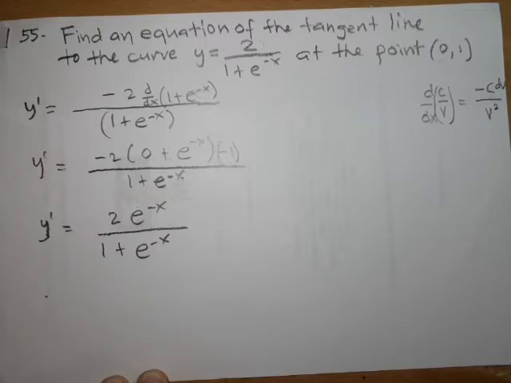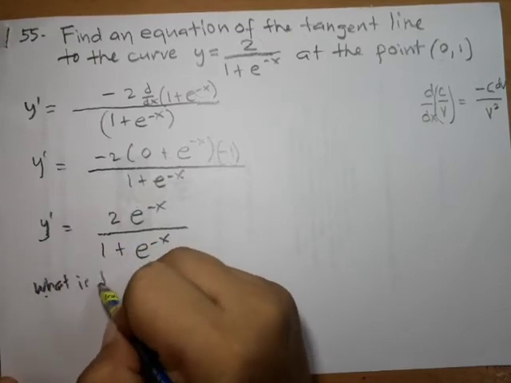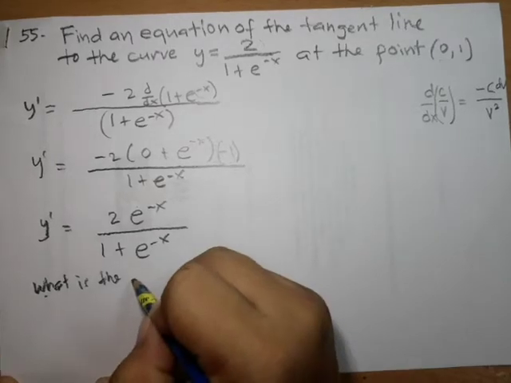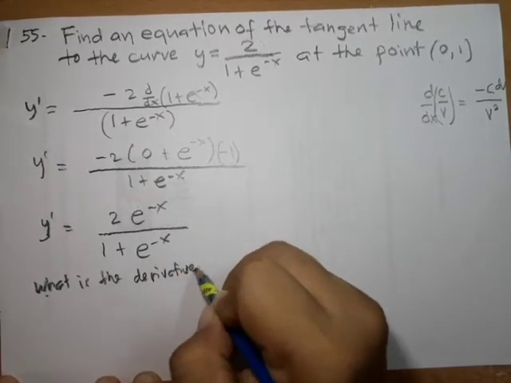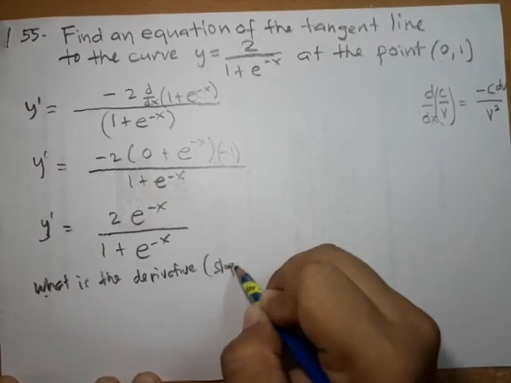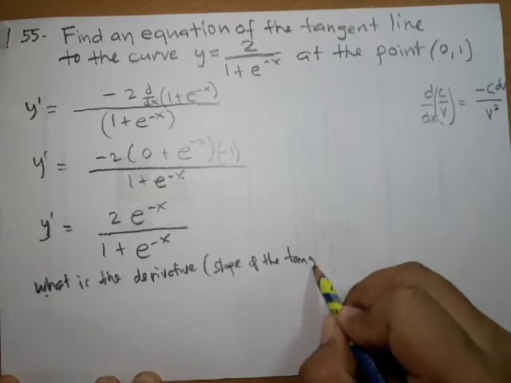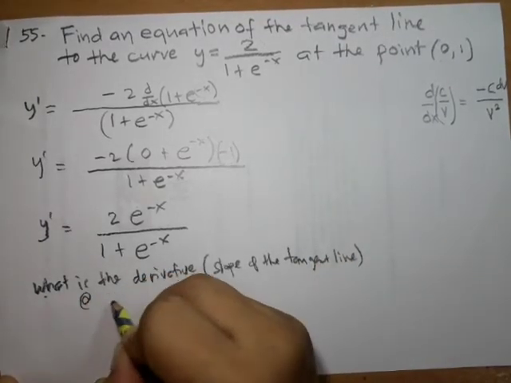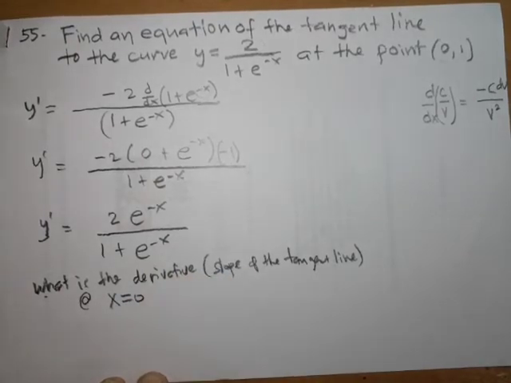So what we will be interested in is the derivative, i.e. the slope of the tangent line at x equals 0.